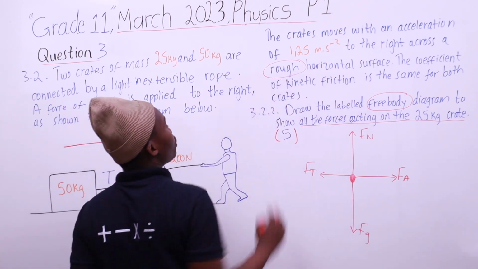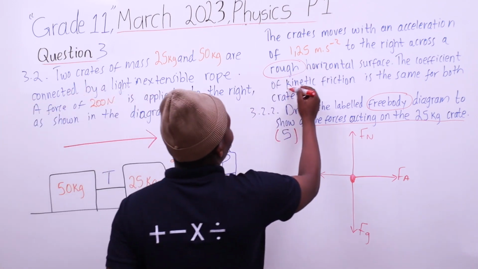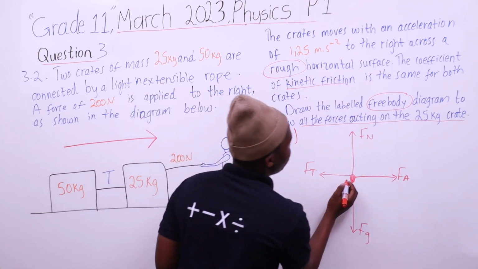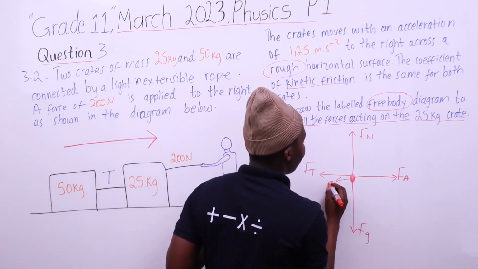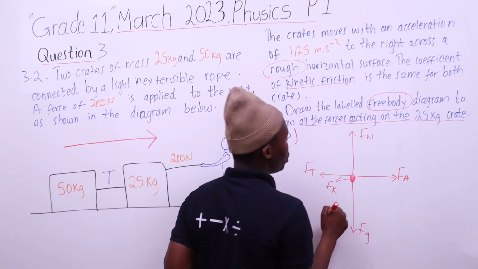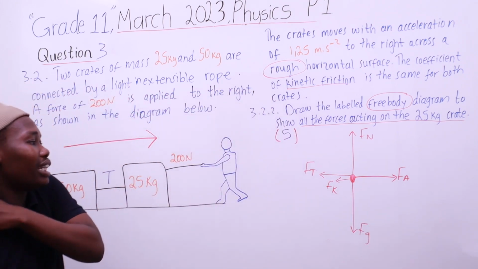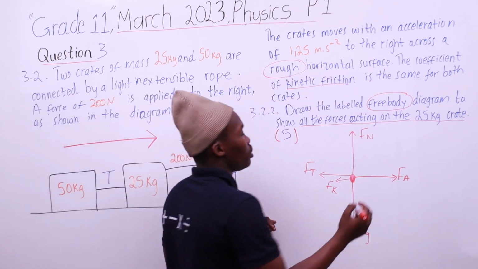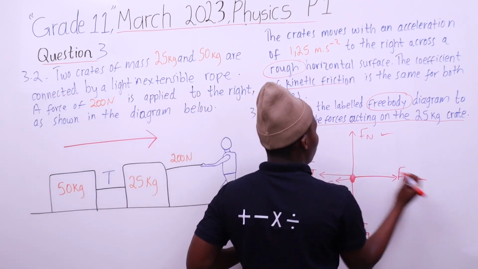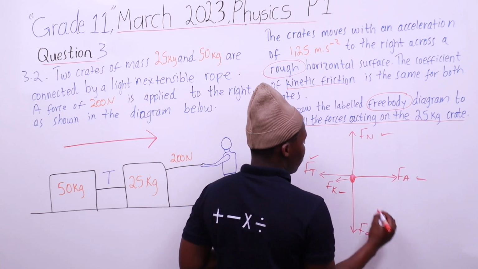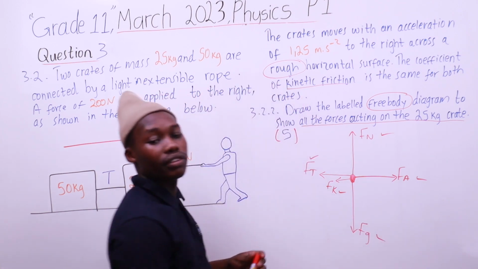What do we also have? On a rough horizontal surface, kinetic friction, which we call Fk, the kinetic frictional force. Then from here you get 5 marks: 1 mark, 2 marks, 3, 4, 5 marks for your free body diagram.